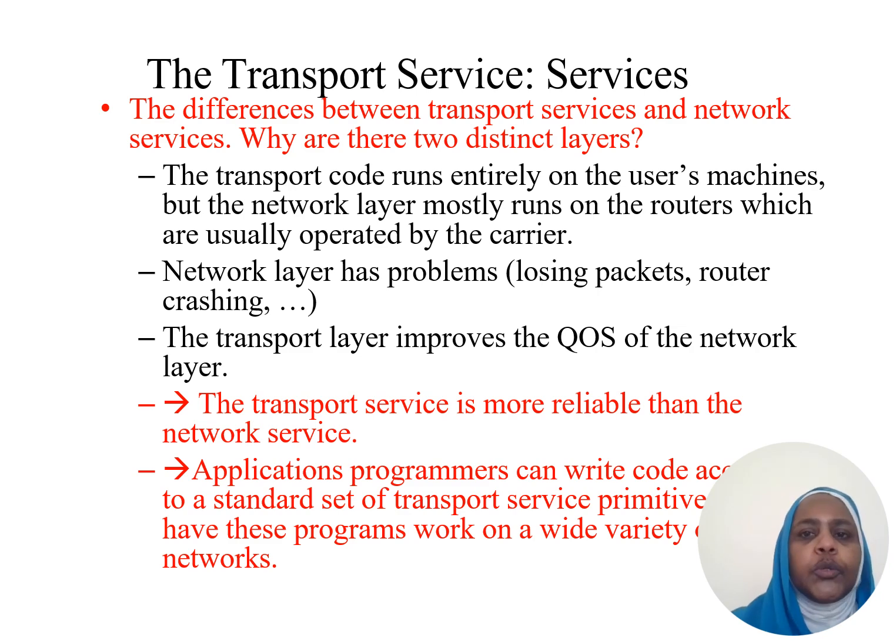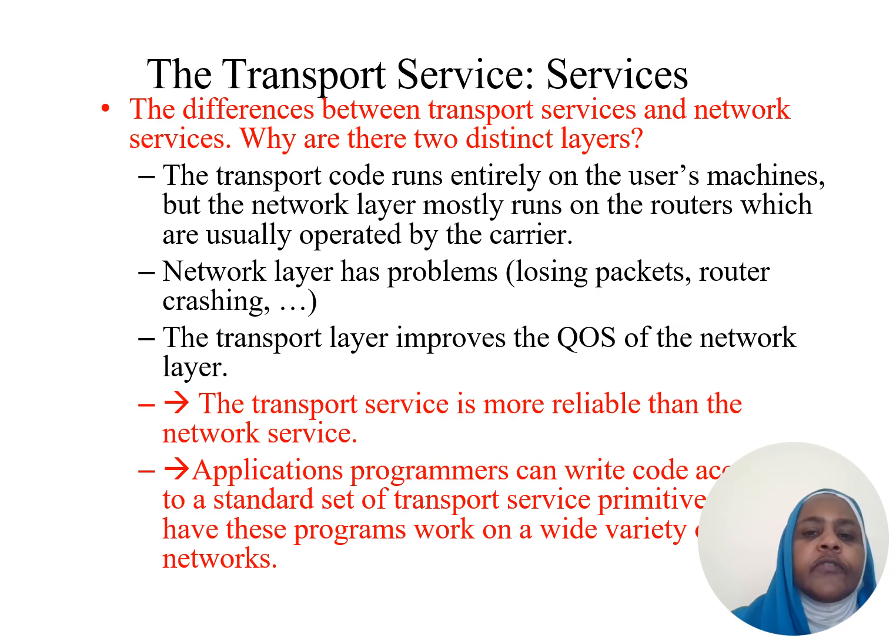Because there is a difference between transport layer services and network layer services. The transport code runs entirely on the user's machine, while the network layer mostly runs on the routers, which are not controlled by the user. The network layer has problems: losing packets, routers crashing, congestion in the network. The transport layer improves the quality of service of the network layer.